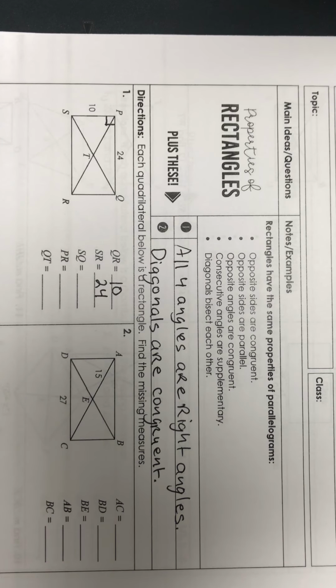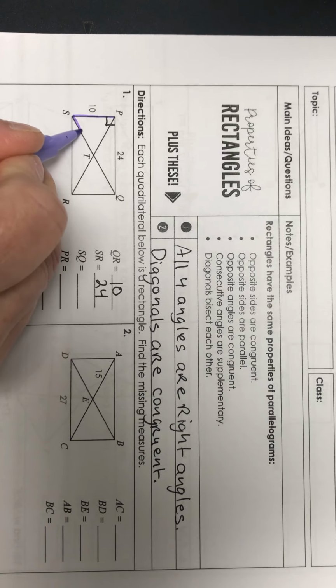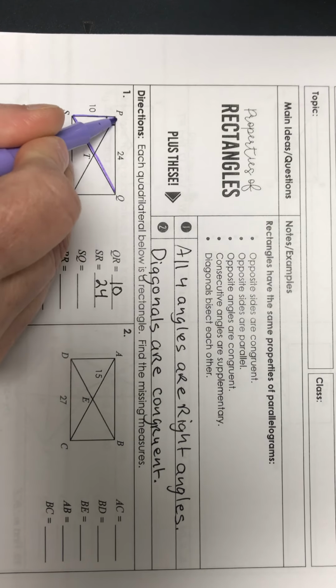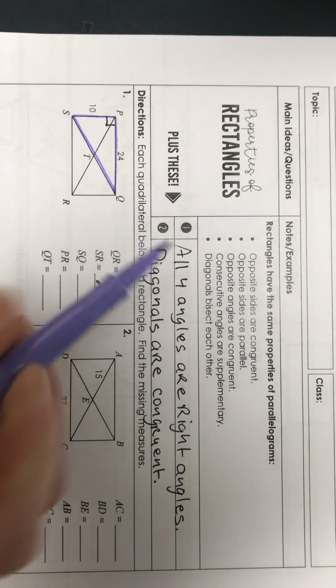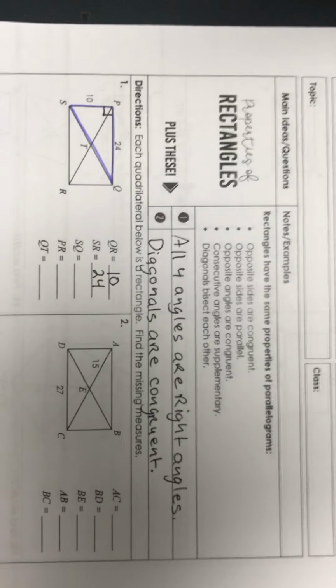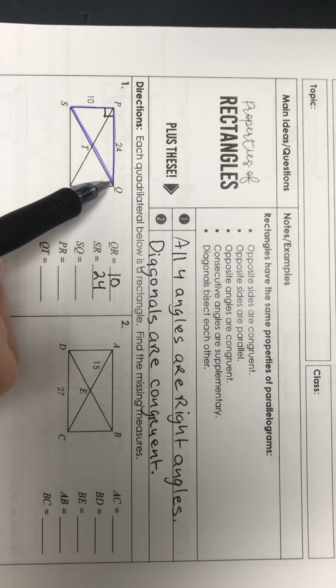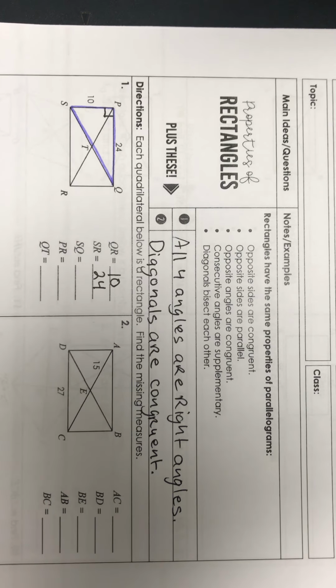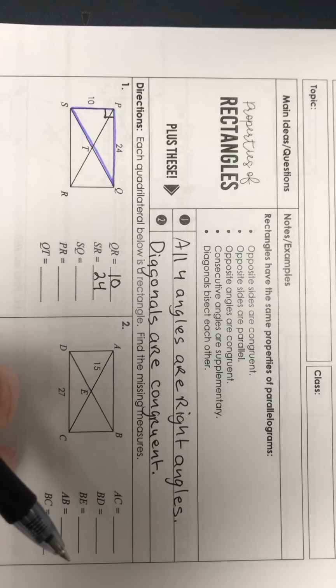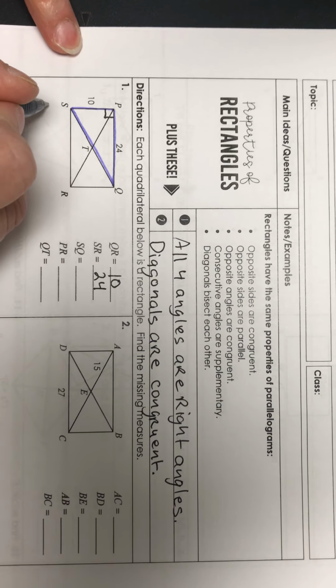And let me use a color pen to kind of highlight. We have a right triangle. So this is going to take us back. We have a right triangle. We know 2 sides. We're trying to find the third. We're going to use Pythagorean theorem. Pythagorean theorem, hopefully you remember that.